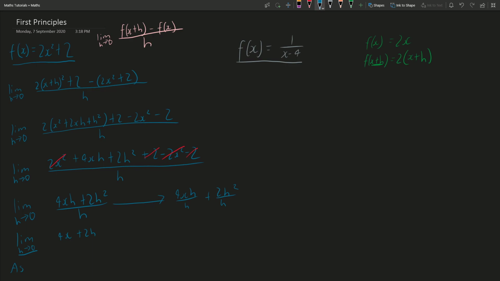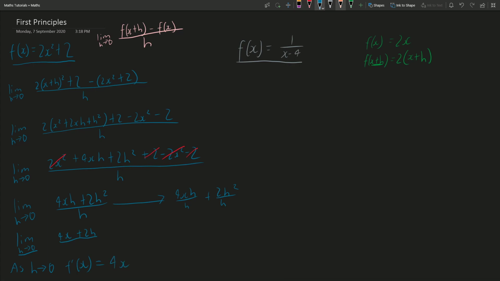Therefore, the derivative function, f dash of x, which we found out with this first principles method, as h approaches 0, f dash of x equals, and we simply sub 0 as h into this equation, 4x.